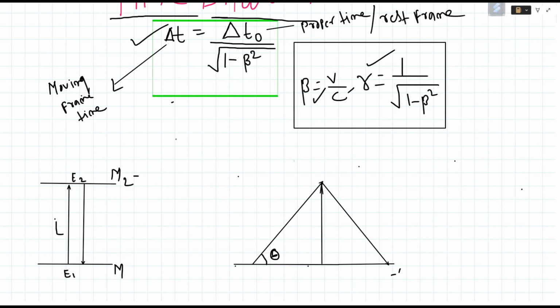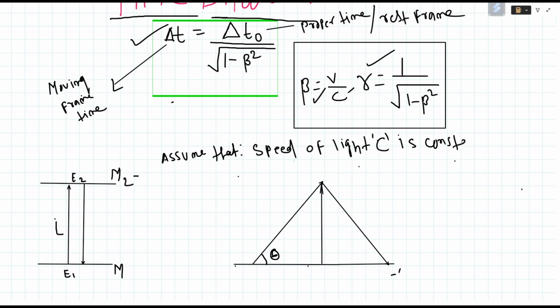Here we assume that the speed of light c is constant for everyone, constant in all inertial frames.